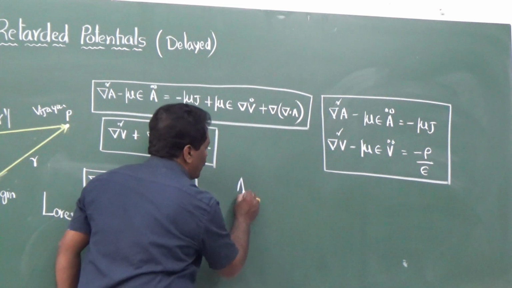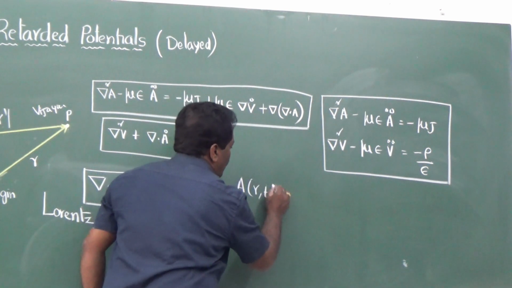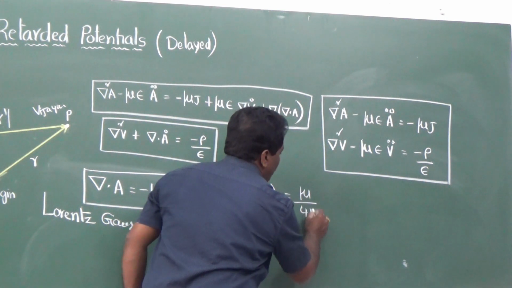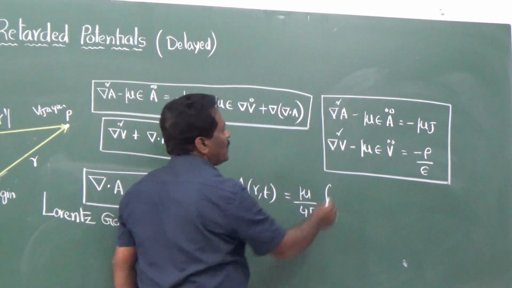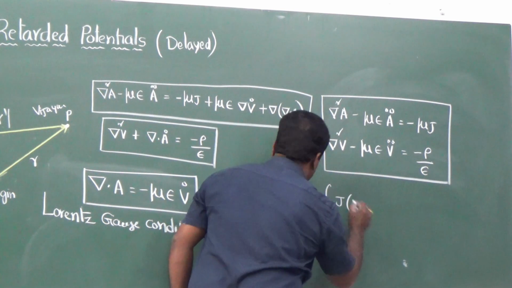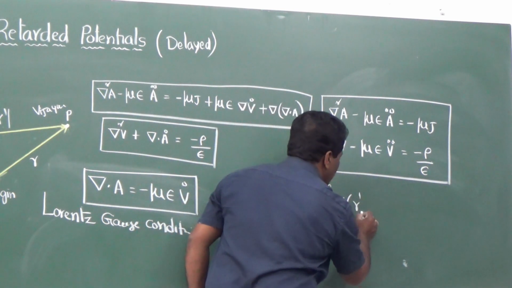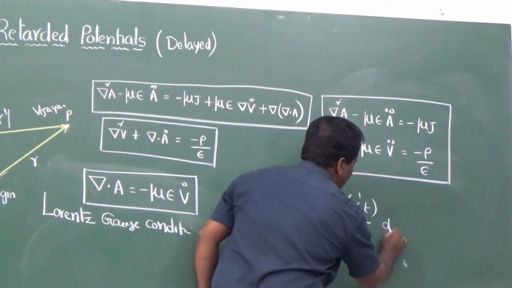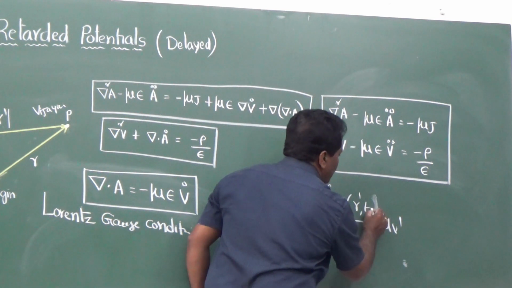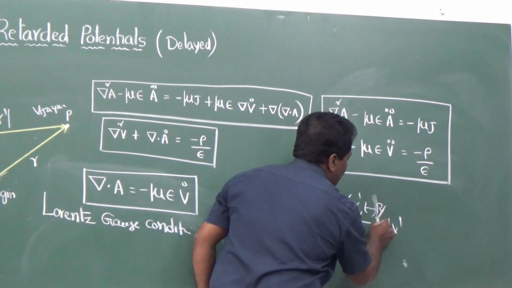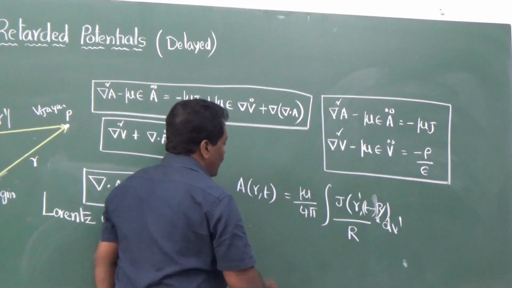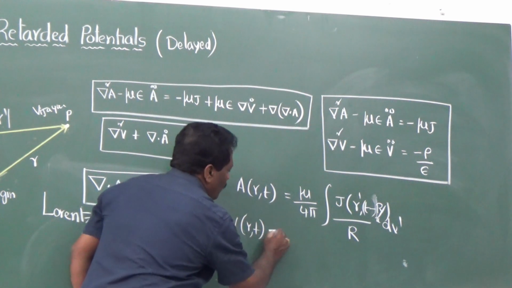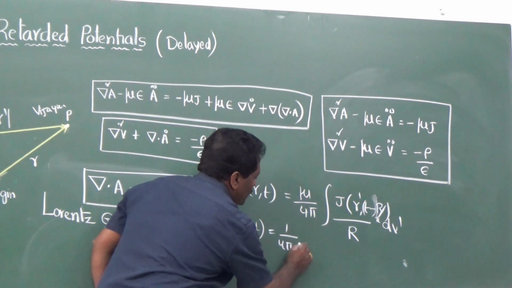That is, A of r comma t is equal to mu by 4 pi integral of J of r dash comma t divided by R into dv dash, where the t will be delayed by R by v seconds. Similarly, V of r comma t is equal to 1 by 4 pi epsilon integral.